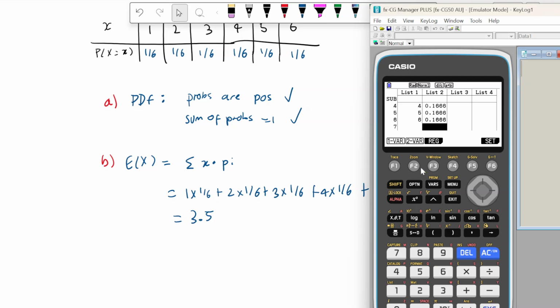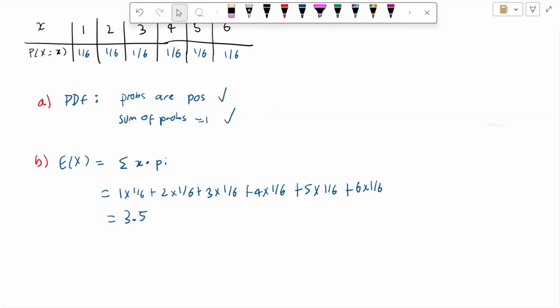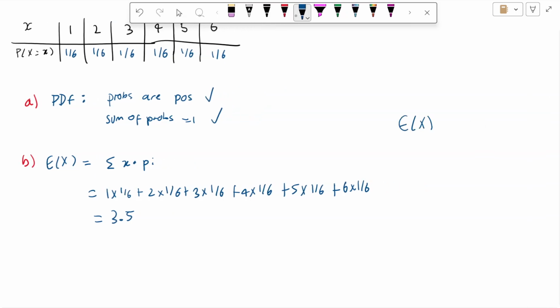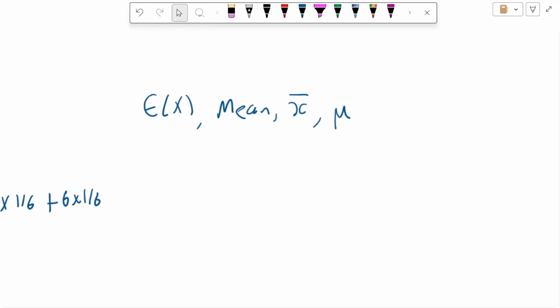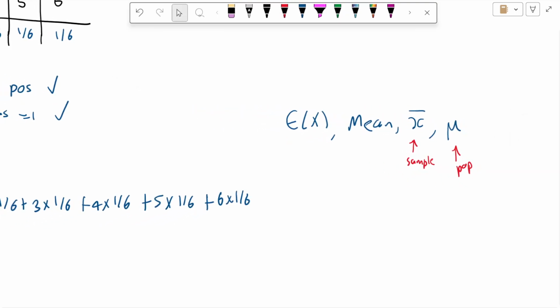And if we go calc, set our frequency list to list 2, and hit one var stats, X bar is 3.5, and that is E of X. So if you ever see E of X, mean, X bar, or mu, they almost mean exactly the same thing. The only difference is this is the sample, that's the population, but they all pretty much just mean the mean.